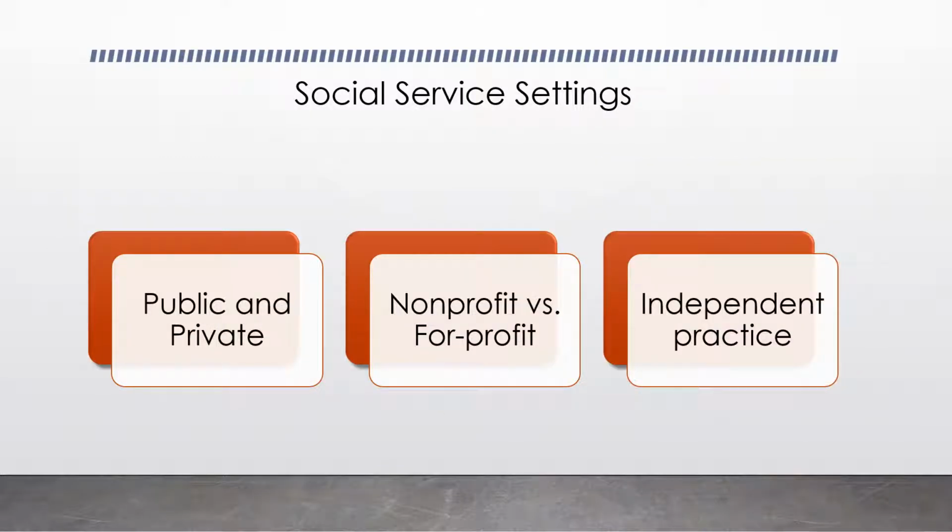As a social worker, you could be employed in any number of social service settings. I'll talk about these in a little more depth. To start, let's look at the differences between public and private agencies. Public social services are developed at the federal, state, and local level through legislative initiatives and statutes.